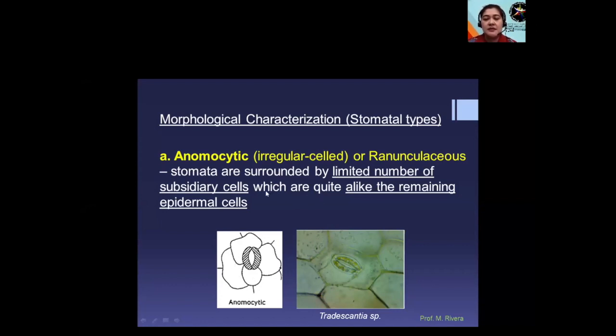And here it is mentioned which are quite alike the remaining epidermal cells. So kung irregular ang shape ng mga ito, most likely yung epidermal cells sa paligid ay irregular din ang shape. But for this example that we have, Tradescantia species, then you would see that the subsidiary cell is actually the same as that of the other epidermal cells. Di po ba? So that is anomocytic.